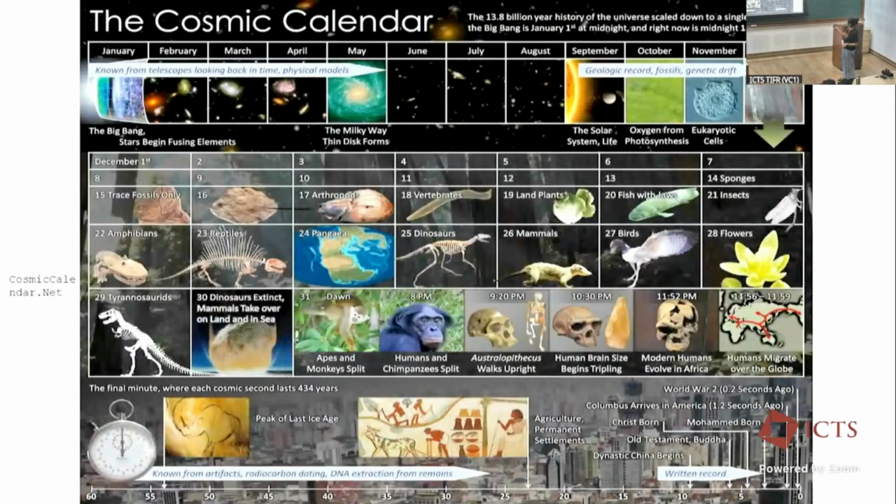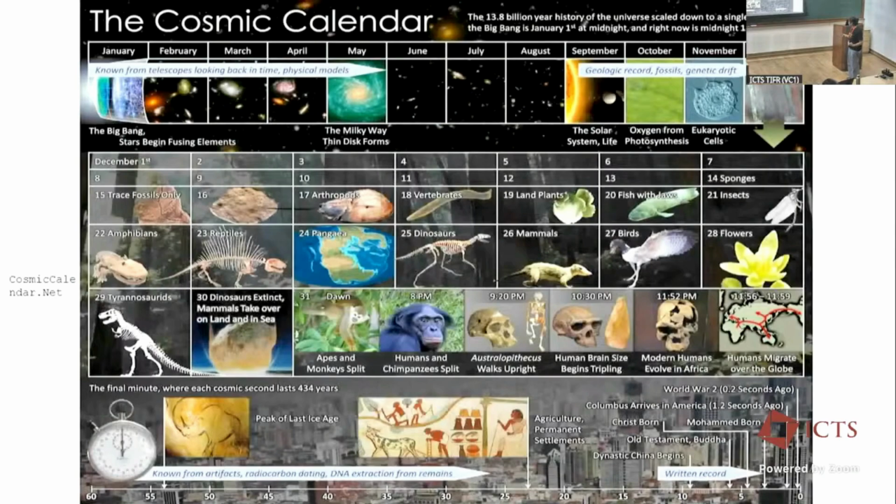So this is the cosmic calendar. Please look it up and spend some time on it. If I compress that entire image that we think of as the history of the universe, and the universe is about 13.8 billion years old today, this is 13.8 billion years squeezed into a calendar year. So the Big Bang is on the midnight of Jan 1st of that calendar year.